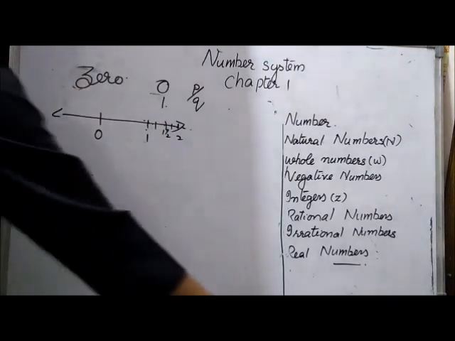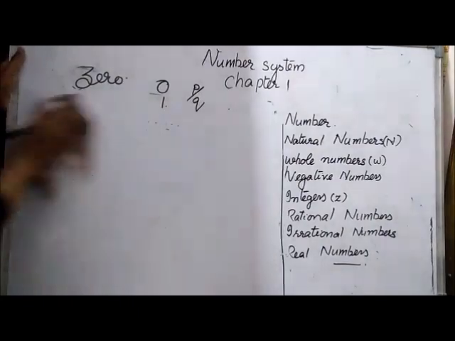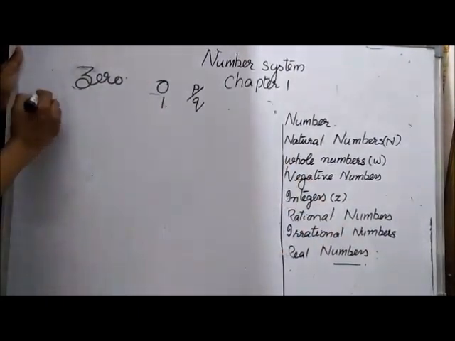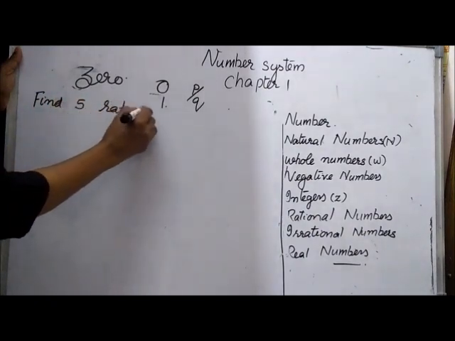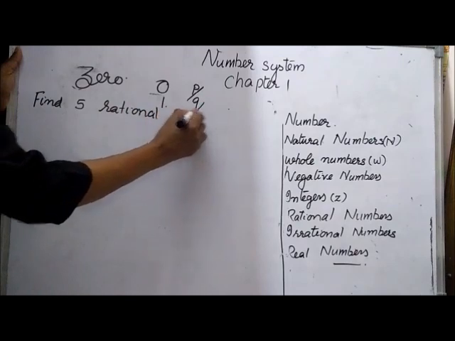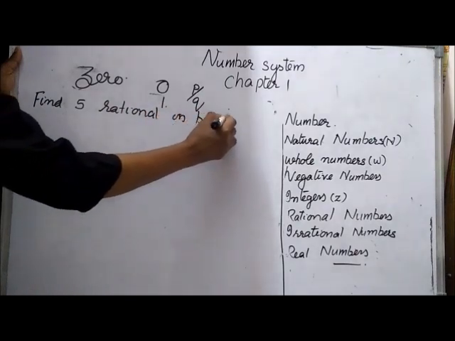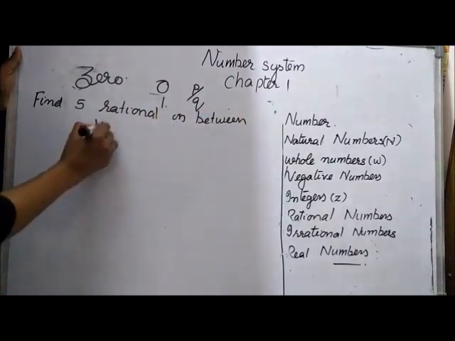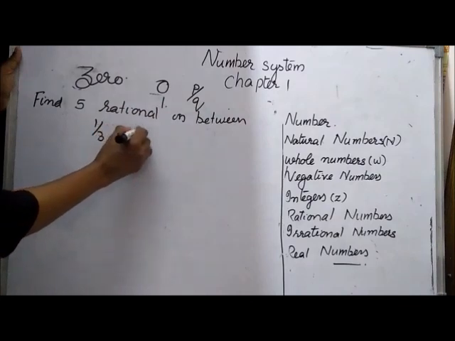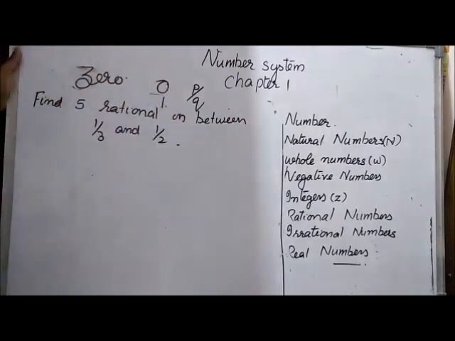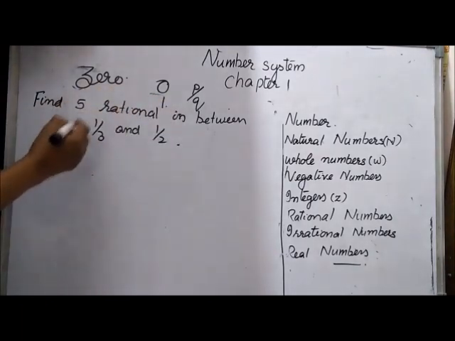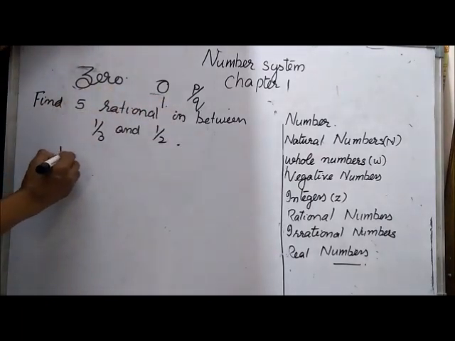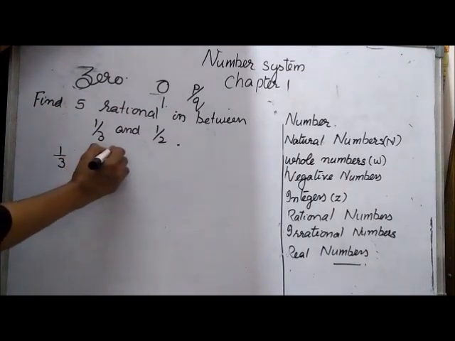Now, how can we find it theoretically? We want to find five rational numbers in between 1 by 3 and 1 by 2.